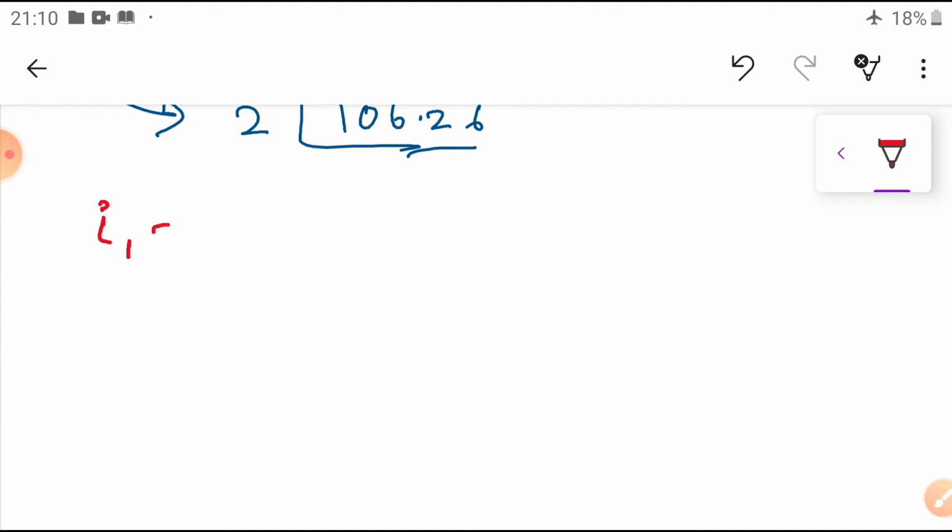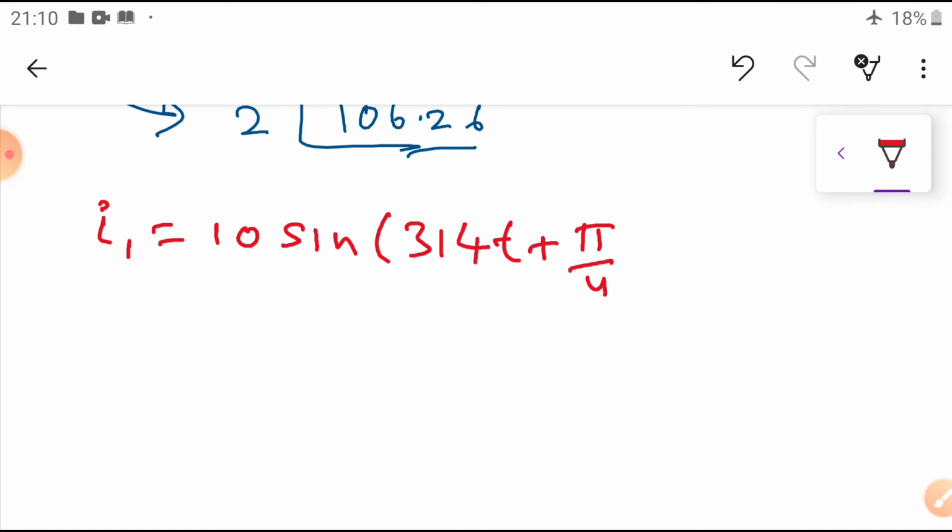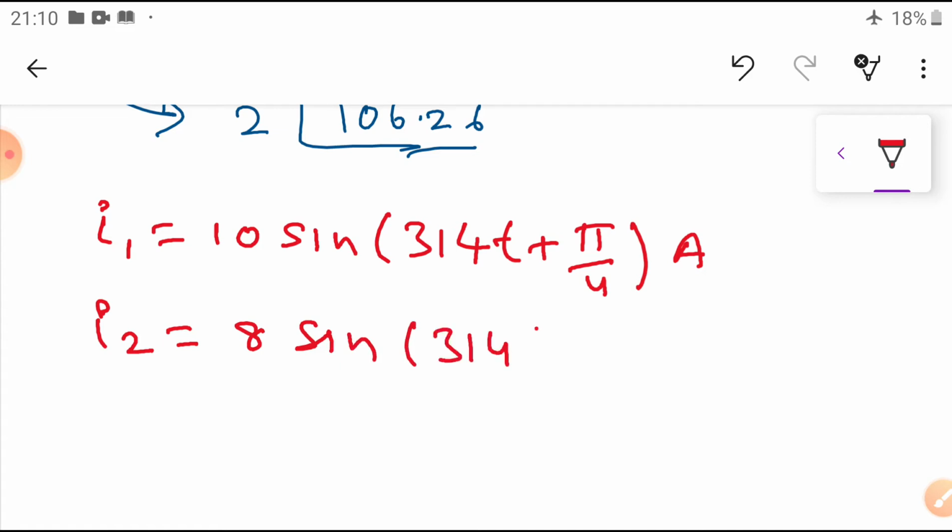I1 is equal to 10 sine 314t plus 5 pi by 4 amperes, and another current is 8 sine 314t minus 5 pi by 3 amperes.